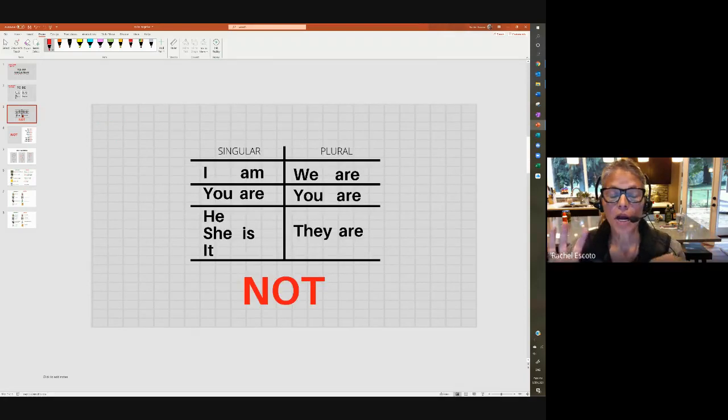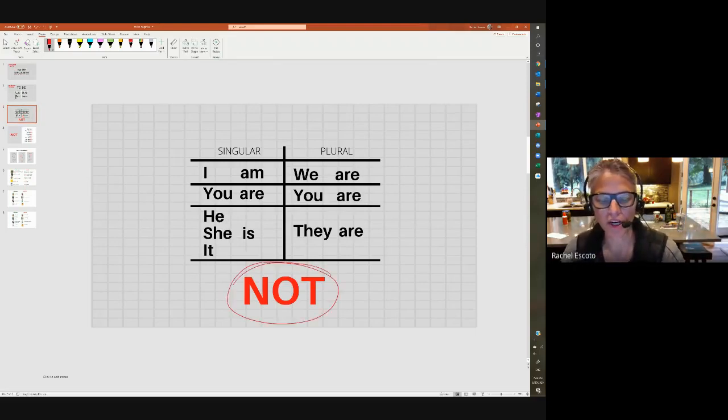Well, our negative to be, our present tense negative, is almost exactly like this, but we add the big old word here, not. Everybody say not. It's not note, it's not na, it's not. You have to say this sound in the end, not.